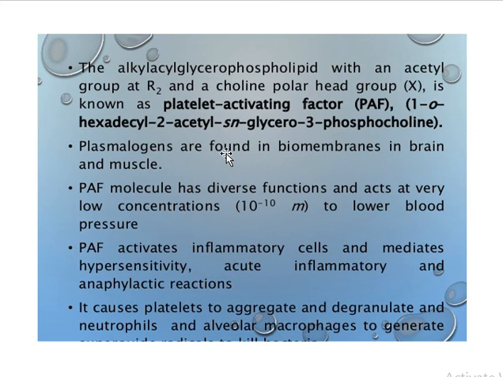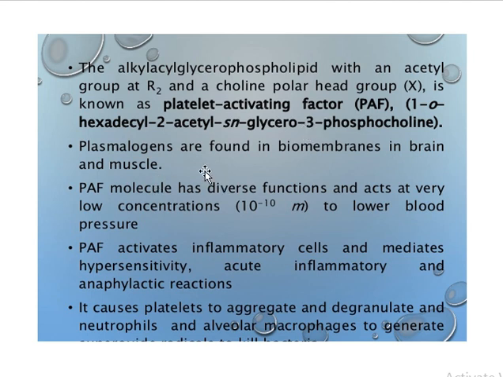Then the acyl group present at the second carbon of glycerol is exchanged with an acetyl group. So the compound formed is 1-alkyl 2-acetyl glycero 3-phosphocholine, which is the platelet activating factor.